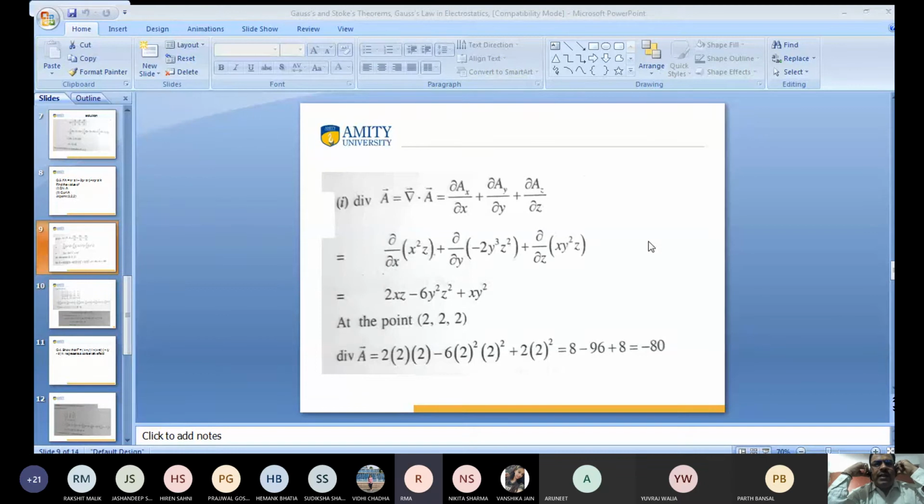Have you calculated this value? What is the value? What is the answer? Yes, Mr. Yuraj Walia, what is the answer? Yes, I have got the first part, I am doing the second part. Okay, good.